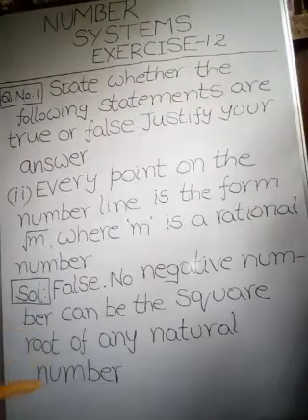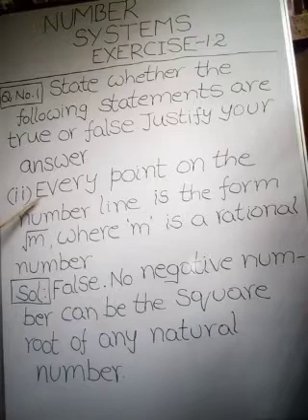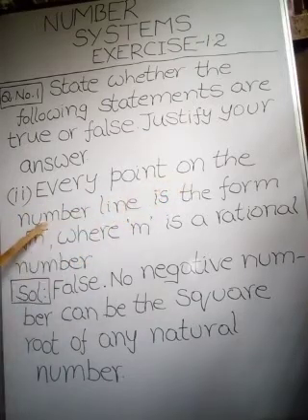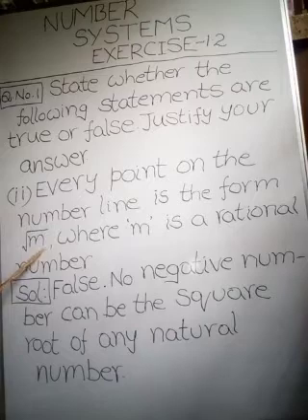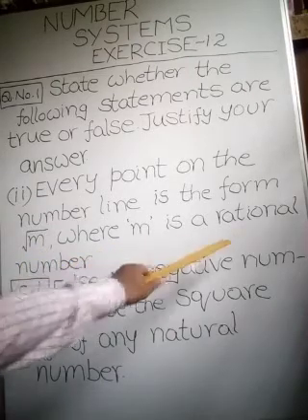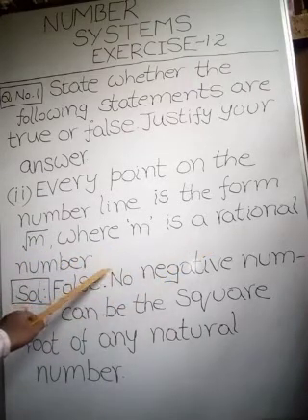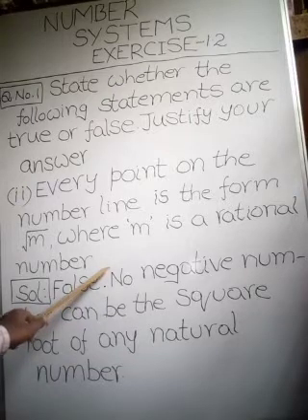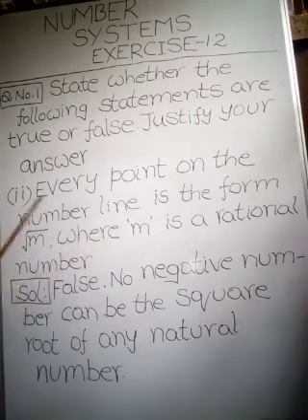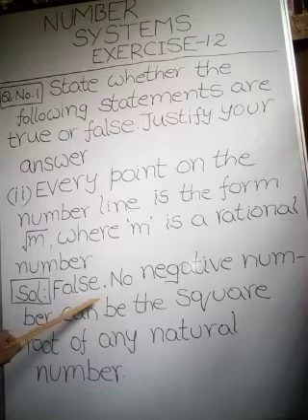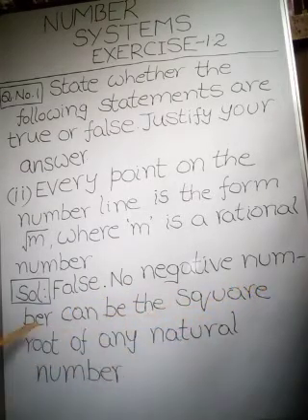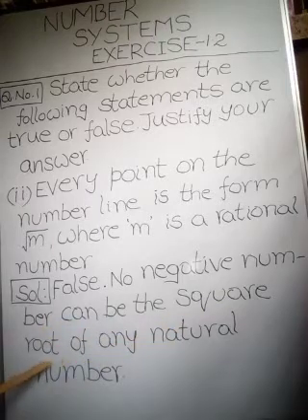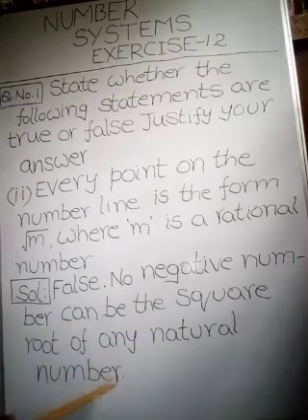Now come to the second statement. Every point on the number line is of the form root m, where m is a rational number. This is a given statement. Is it a true statement? No, it is a false statement because no negative number can be the square root of any natural number.